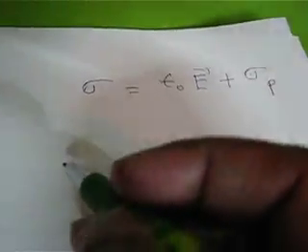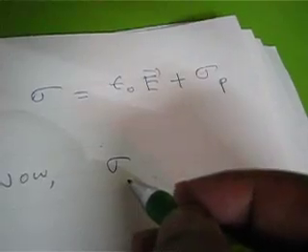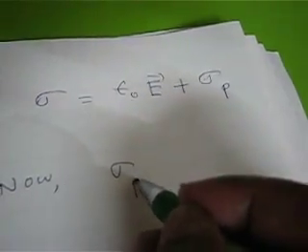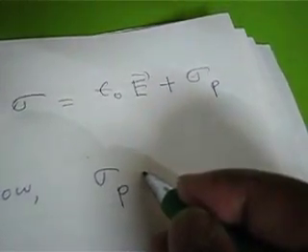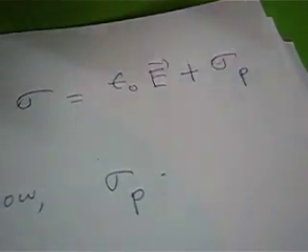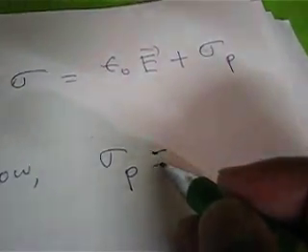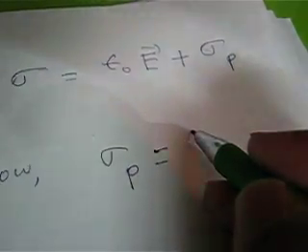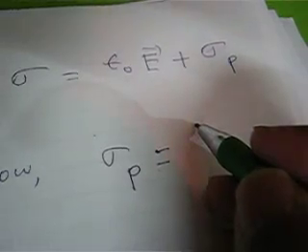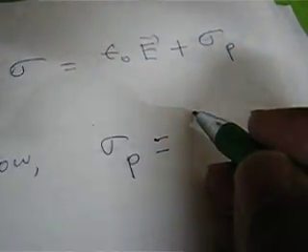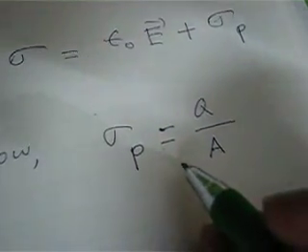Now sigma P is the polarized charge density. This indicates the polarized charge divided by area.